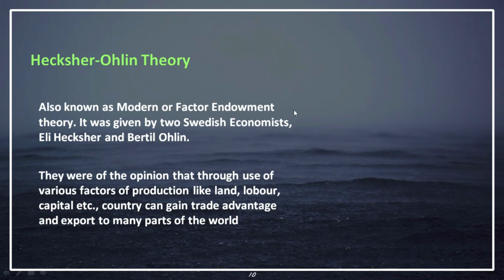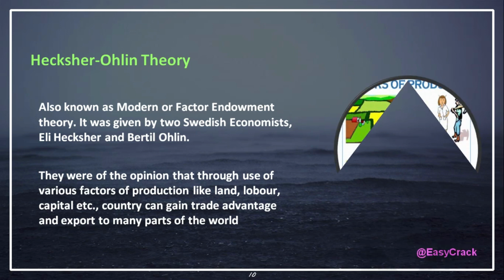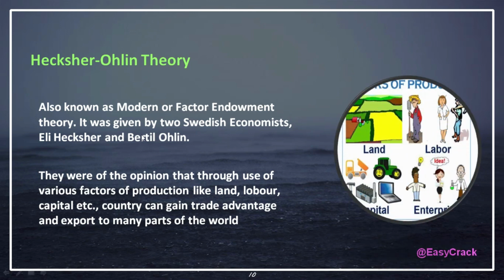So what does this theory focus on? They were of the opinion that through the use of various factors of production like land, labor, capital, entrepreneurship, countries can gain trade advantage and export to many parts of the world, right?